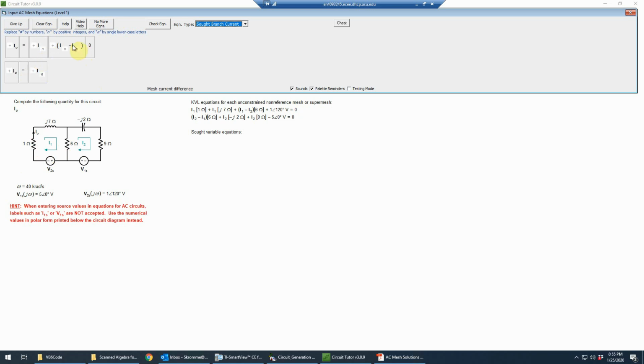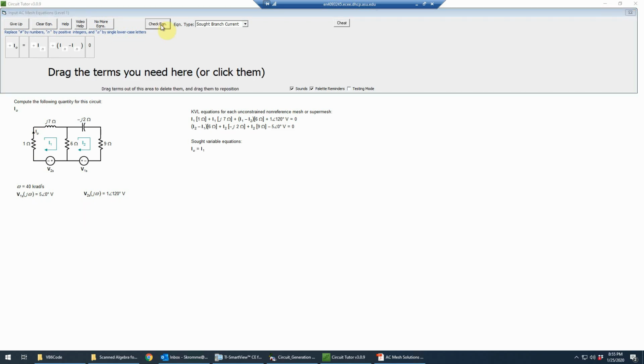We don't subtract, for example, I0, the reference mesh current, because that's just not done. So that would just be equal to I1. Now, again, if this current arrow were pointing down, then we'd have a minus sign there. So it's always important to check the polarity to get the correct answer. Okay, so that equation is correct, and now we've written all the equations that we need for this problem.